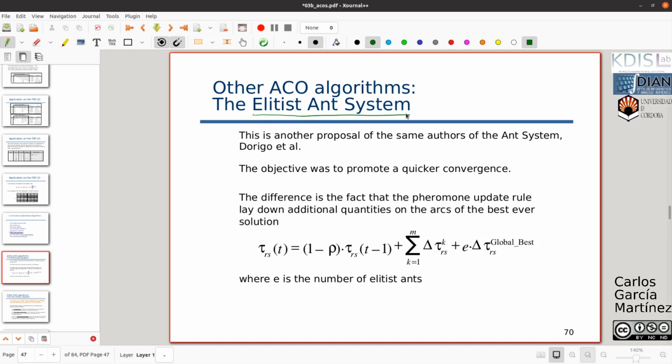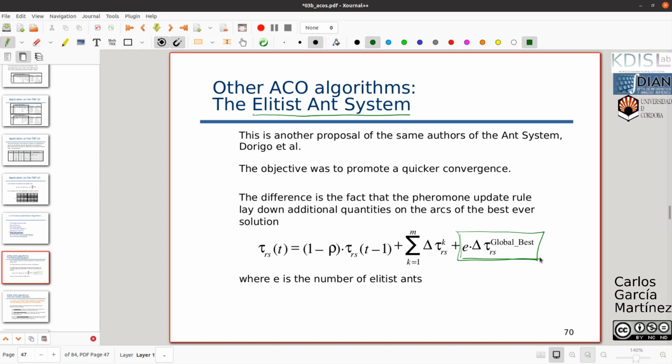This algorithm is exactly the same as the previous one, the ant system, but when the pheromone is updated, the arcs that belong to the best ever solution receive an extra contribution of pheromone.